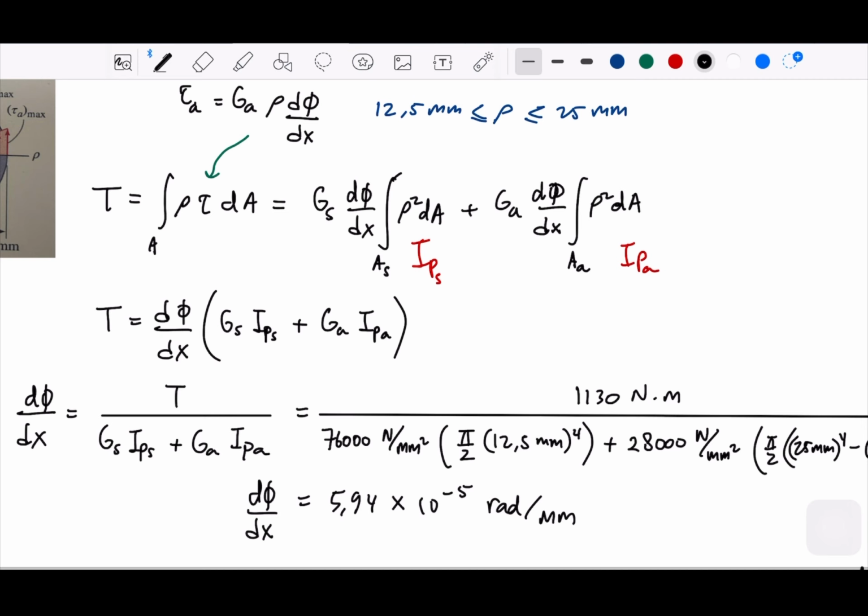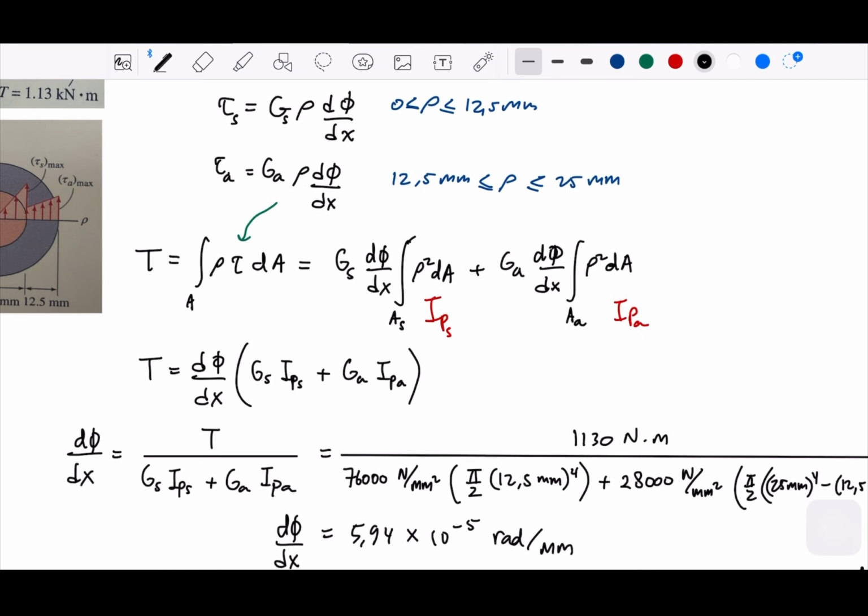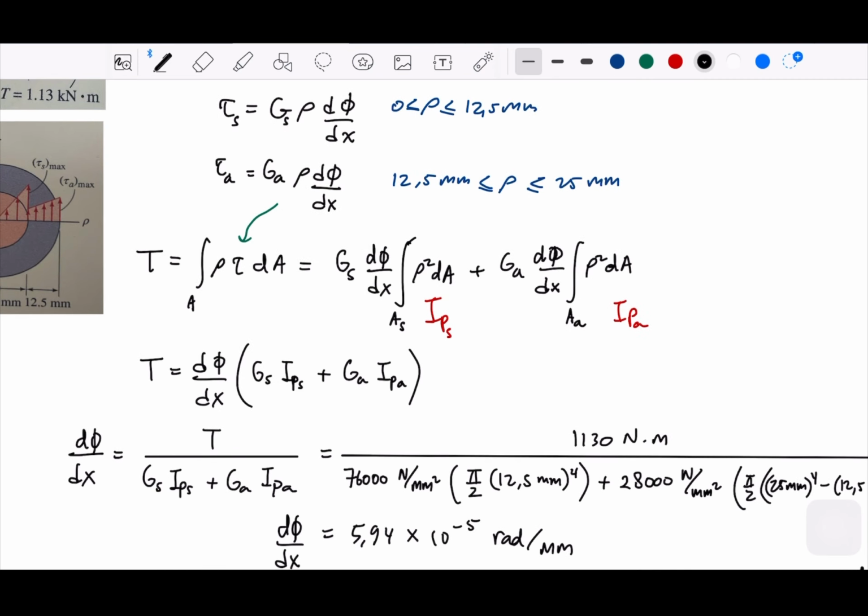Okay, now we get this, and then we are going to go back to each stress for aluminum and steel. We put the twist rate inside and find the stress.